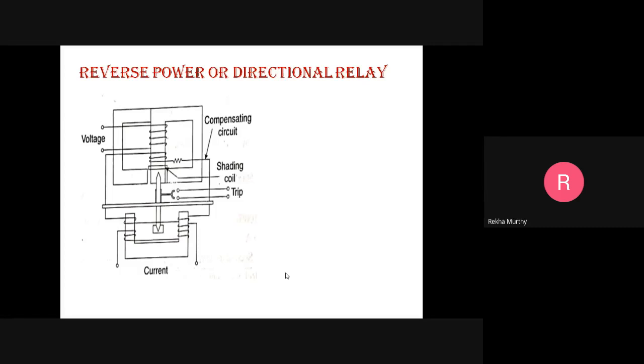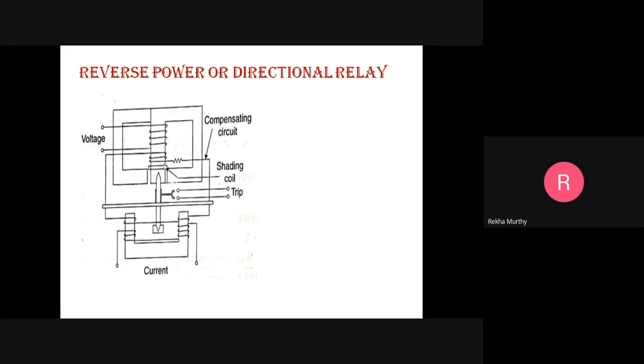Here the two fluxes, psi1 and psi2, will be produced, and both will interact in such a way that they are going to produce a torque.